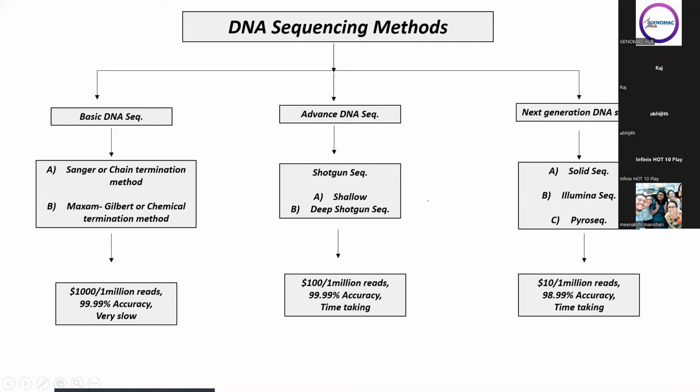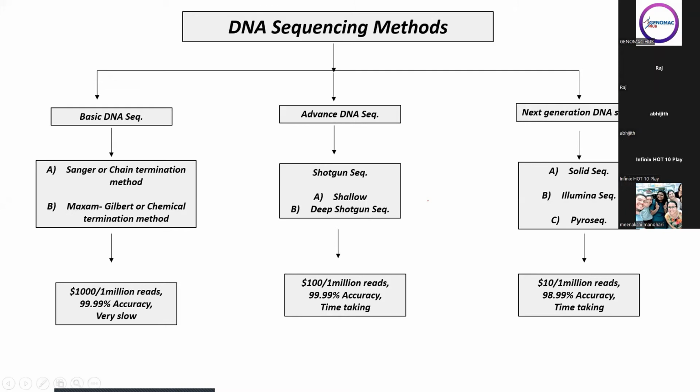Second is Maxam-Gilbert, sorry for the confusion here. And second is the shotgun, divided into shallow shotgun and deep shotgun sequencing. And third, next gen sequencing, is divided into SOLiD, Illumina, Pyro, PacBio, or third generation. Latest is Nanopore and PacBio.